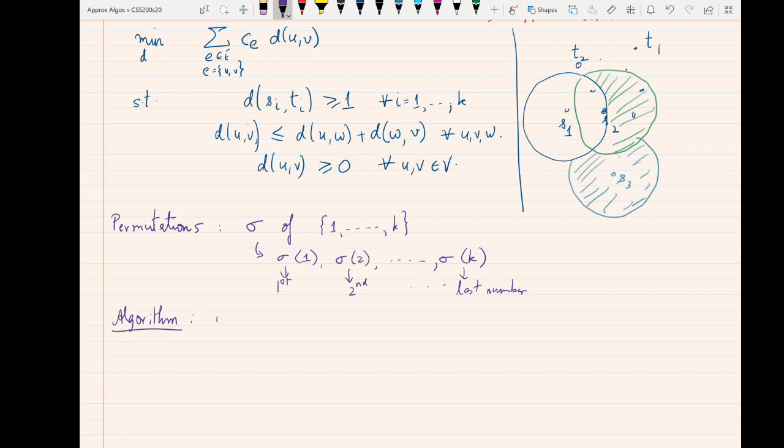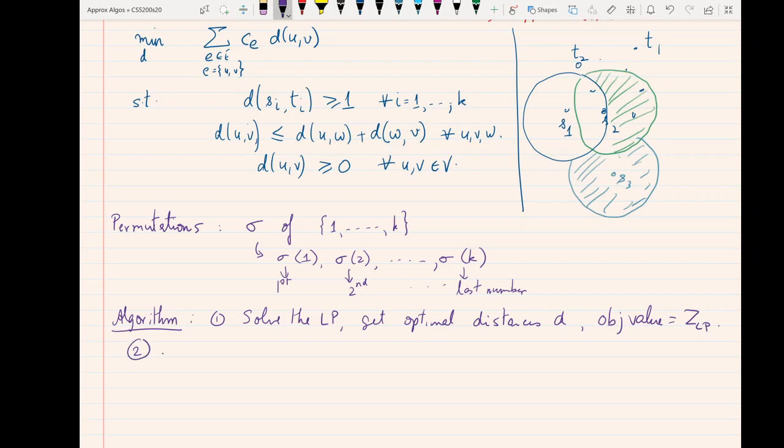Of course, at the first step, you're going to solve the LP and get the optimal distances D, and the objective value is say Z_LP.